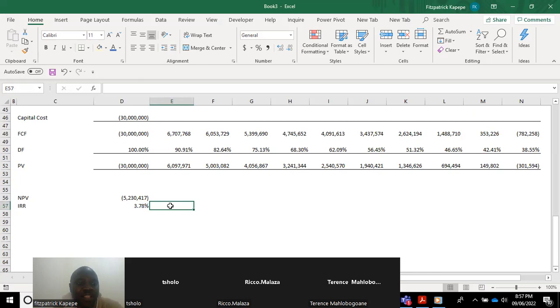And this is the reason why you're having a negative NPV. But if you had a positive NPV, you expect the internal rate of return to be higher than the cost of capital. Are you getting me?